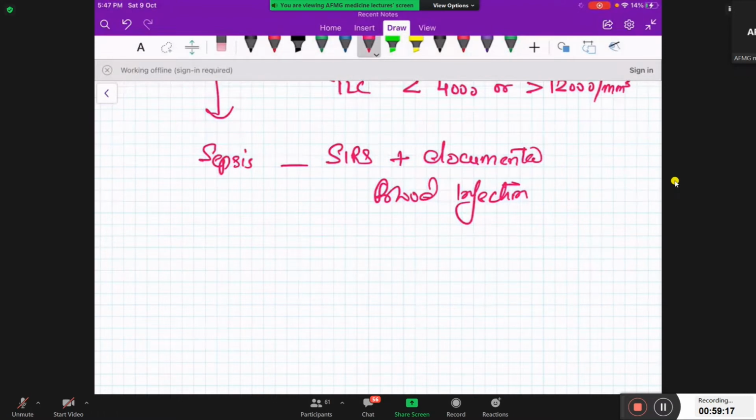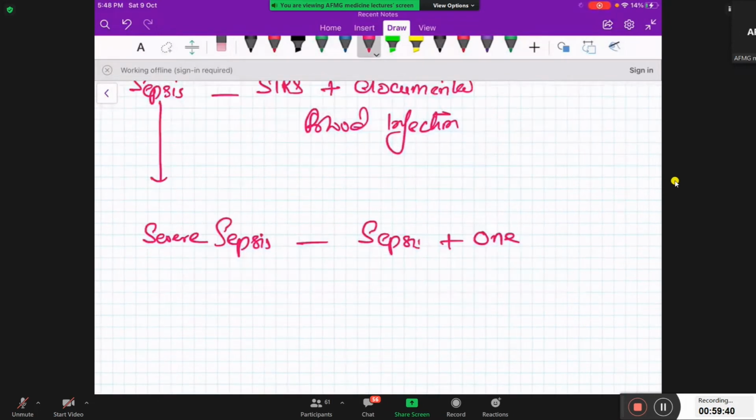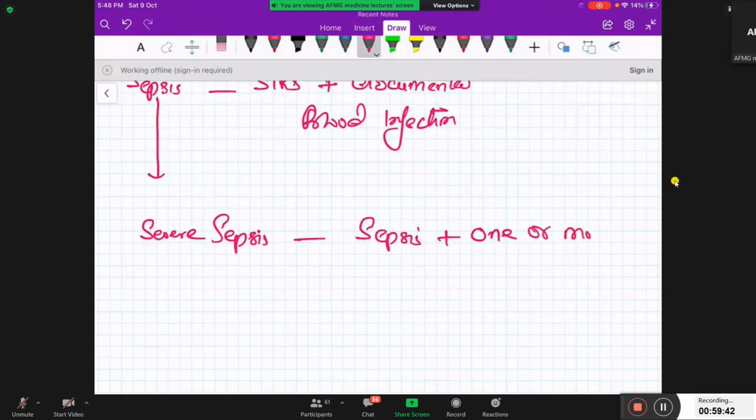If the patient is not taken care of at this stage, or the virulence of the organism is so high that even when you are taking care, the patient progresses to severe sepsis. What is severe sepsis? Sepsis with one or more organ dysfunction. It is not two, it is one or more. The answer in your MCQ source is not right.